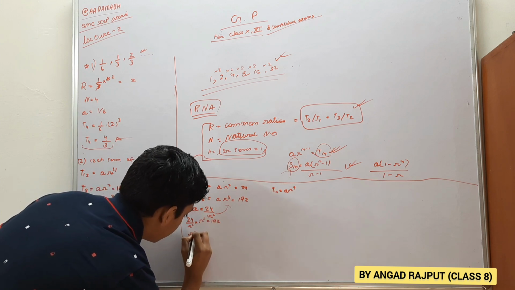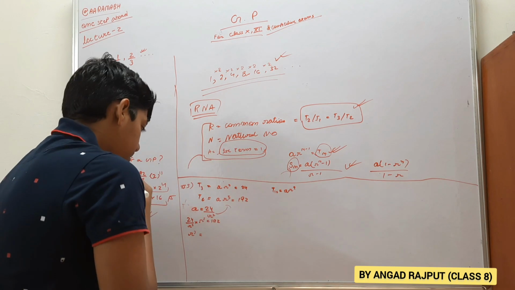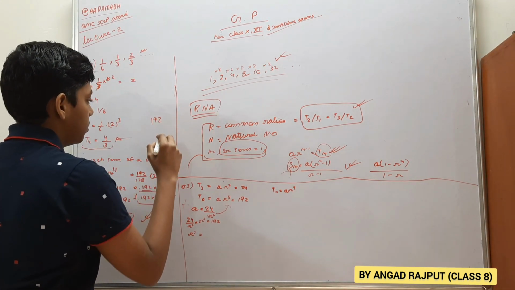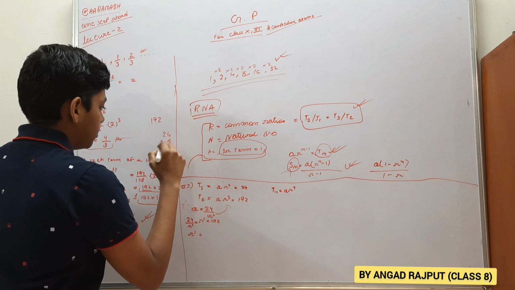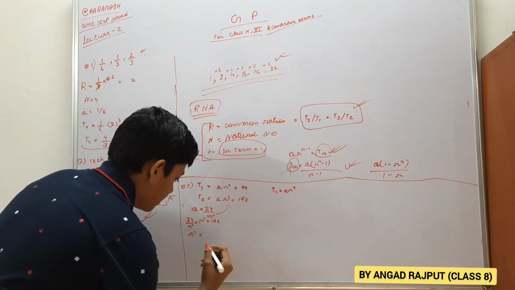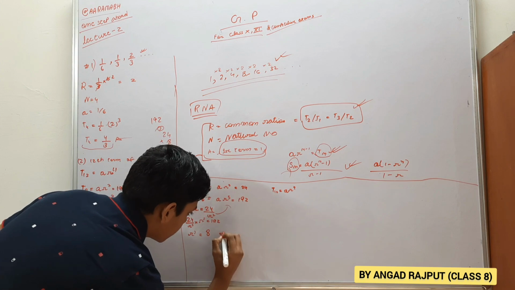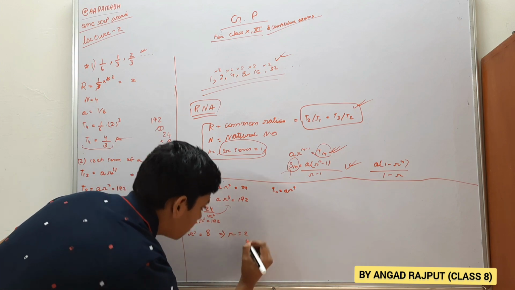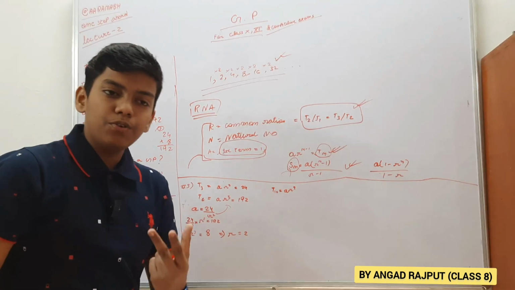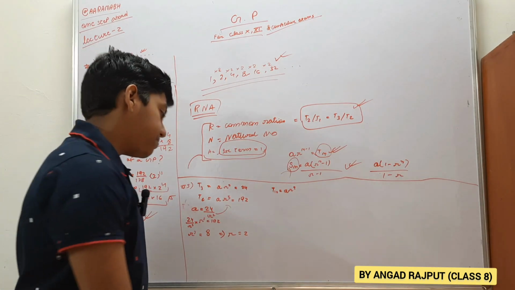So which will give R cube equals 192 by 24. I think it's 8. Yes, it is 8. So we will get R equal to 2, as R cube is 8, which is 2 cube.